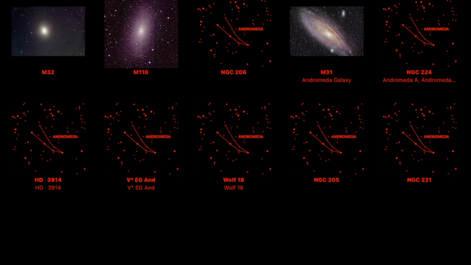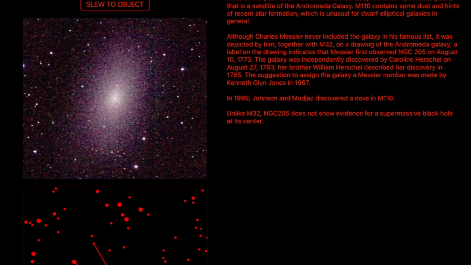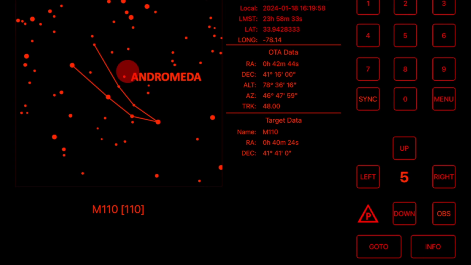We would have M32 right there next to M31. That's kind of cool. And maybe we didn't know that M110 is right next to it. So we could go there too. Let's just go there. It shouldn't be much of a slew because we're supposed to be in the region. And in fact, it was very little. So that's what the OBS button does for you.